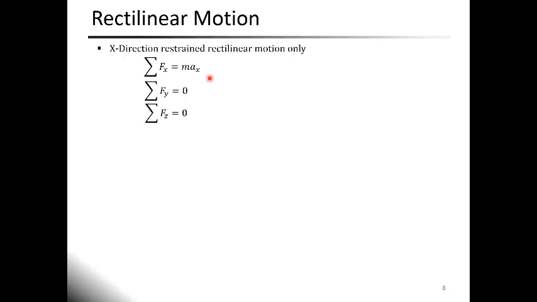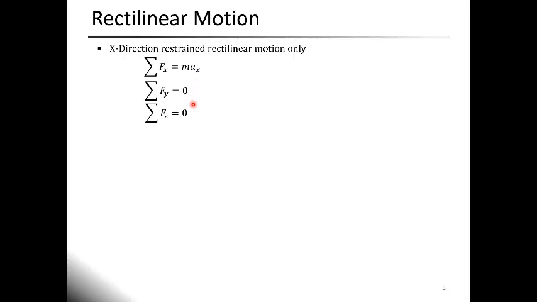In this case, we will be applying the Newton's second law. But we see here that we have three components because the Newton's second law is a vector equation. So if we are studying the motion using the rectangular coordinate system, we have x, y, and z directions. If we apply the Newton's second law in the x direction, it means that the resultant force in the x direction is equal to the mass multiplied by the acceleration in the x direction.